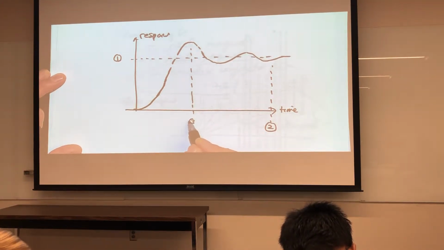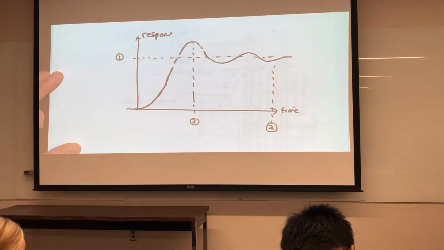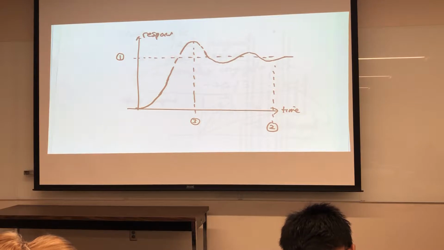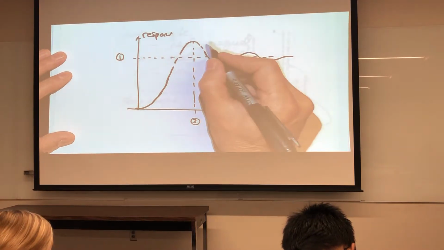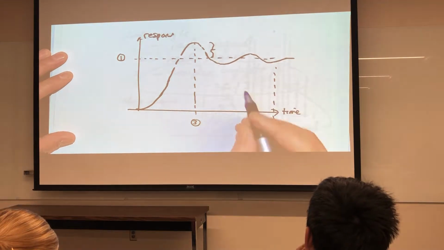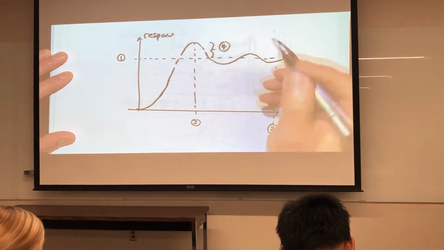This would be number 3. The time to the first peak. And we will also be interested in getting an idea of how big this is. Well, I'll call that the overshoot. How big is that?